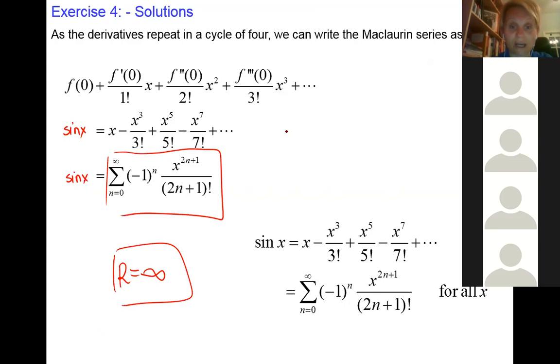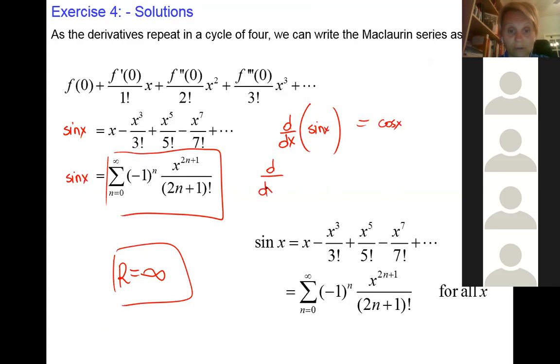Maybe I can squeeze it in here. The derivative of sine of x is cosine. That means I will try to differentiate this formula, starting from 0, -1 to the n over 2n plus 1 factorial, x to the power of 2n plus 1.